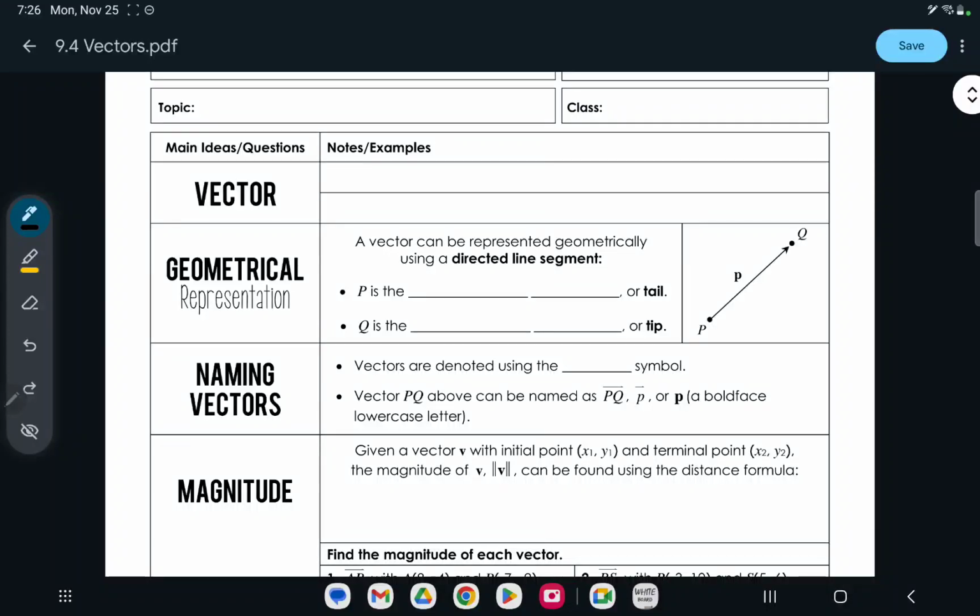Right, we are going to look at vectors. So, what is a vector? A vector is a quantity that has both magnitude, which just means size, and direction.